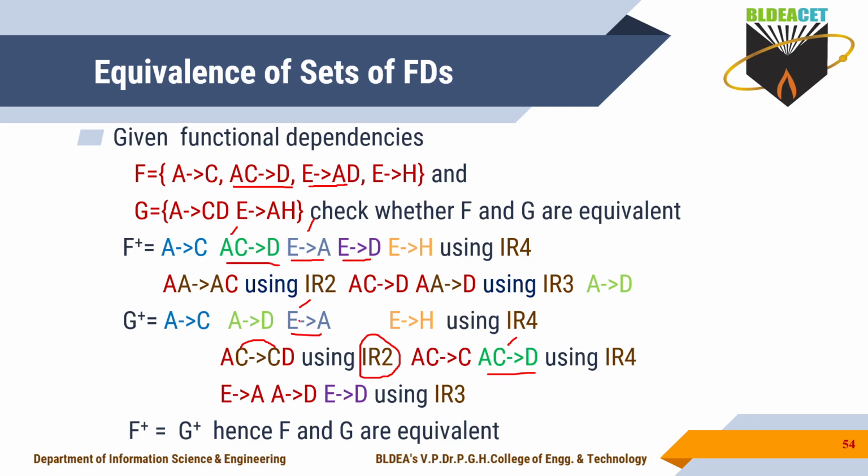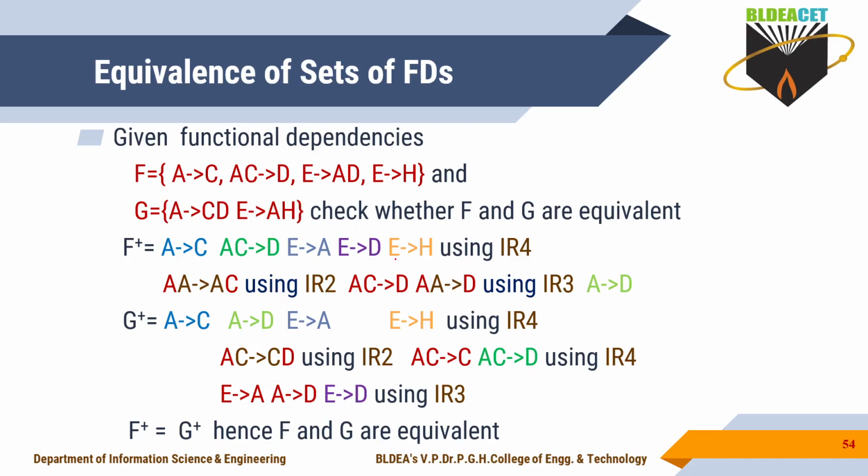Once again, I have to infer using a rule. Which inference rule did we use here? The transitive rule. E determines A is there and A determines D is there. After applying the transitive rule, I got E determines D here. Yes, this E determines D and that E determines D are the same functional dependency, now available in both F and G.